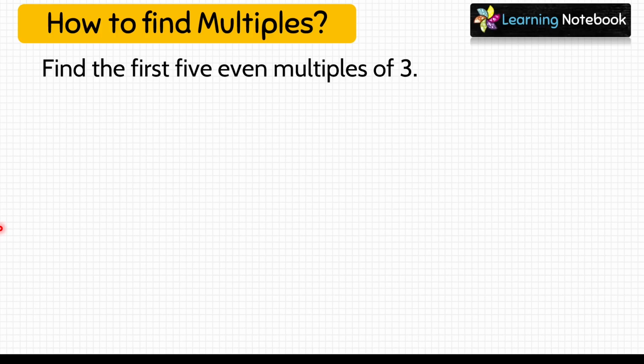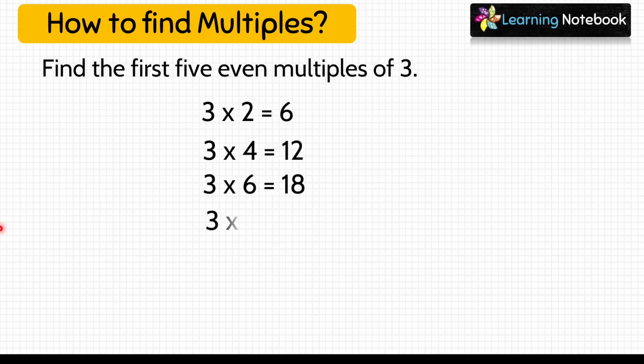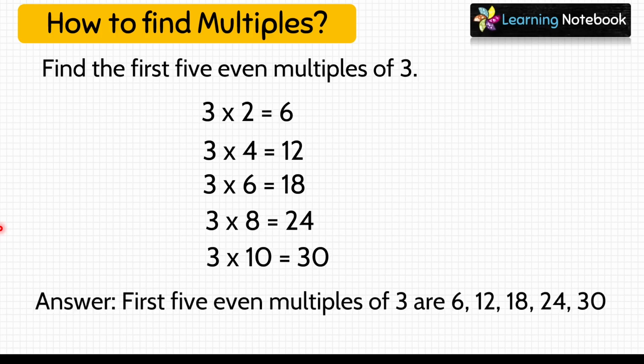So here also we will multiply 3 with even numbers like 2, 4, 6, 8 and 10. So in this way, we have found the first 5 even multiples of 3, which are 6, 12, 18, 24 and 30.